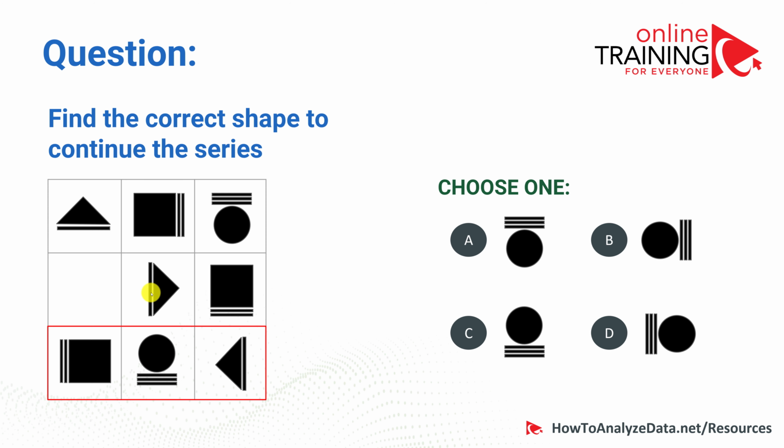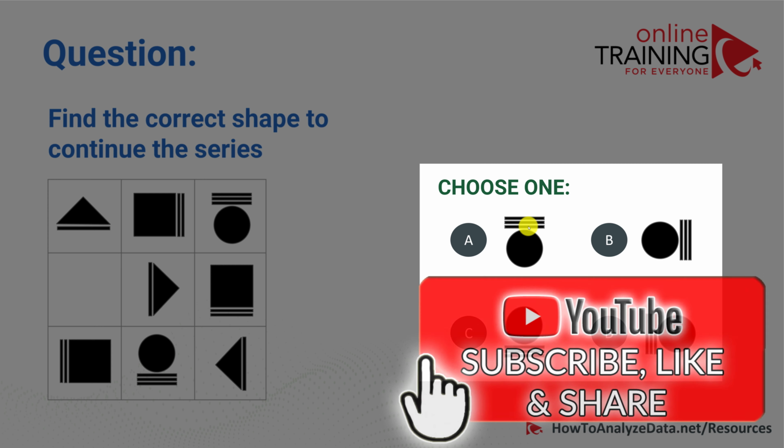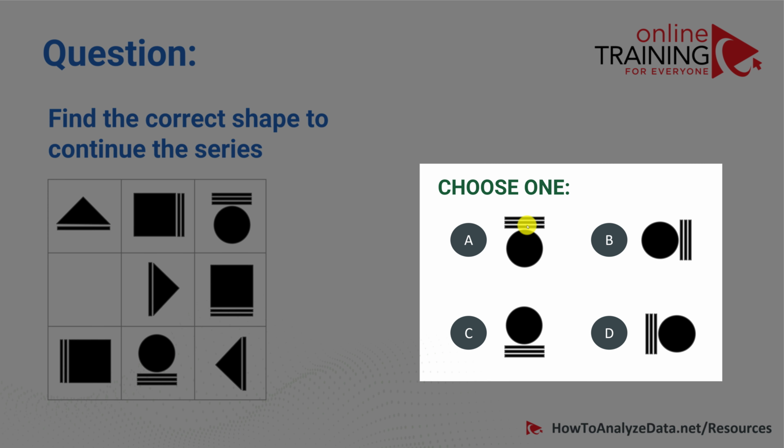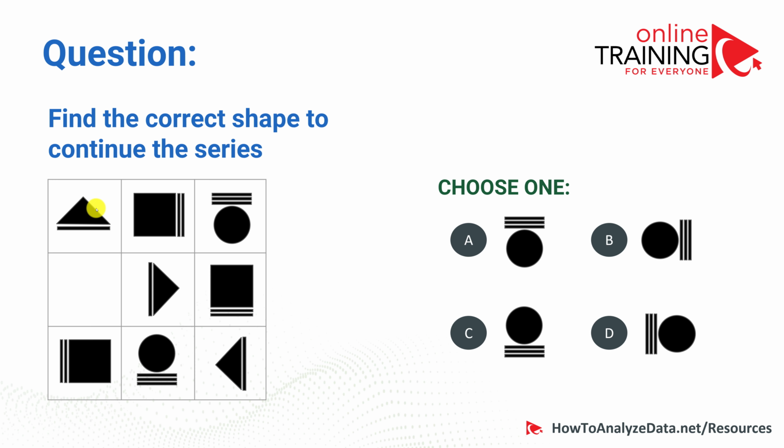Now, the most important part is to determine on which side of the shape the lines should be located. We have 4 locations, as you can see in the answers: top, right, left, and bottom. So how would you know the right location for the circle shape? Let's look closely and detect the pattern for the line location. The line location starts with the bottom, right, and then top.